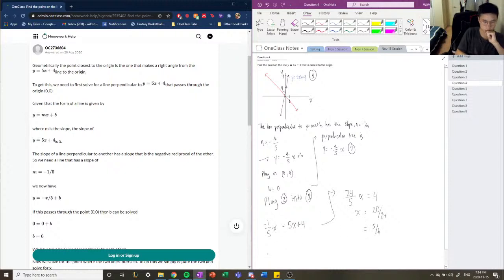So therefore, if we plug this 5 over 6 back into our original equation, plug 5 over 6 into 1, we get y equals 25 over 6 plus 4, which equals 24 over 6, which equals 49 over 6.